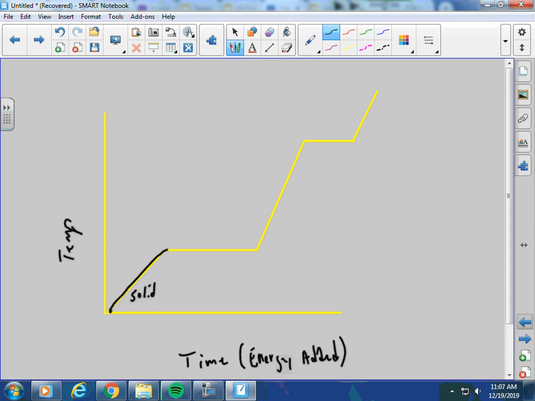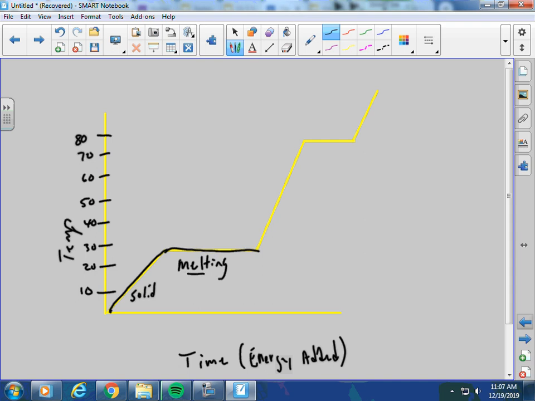At this point, the temperature is not going to change, because all the energy that's going in is for a phase change. All the energy going in is changing it from solid to liquid, which we call what? Melting, okay? So this lower temperature flat spot is melting.